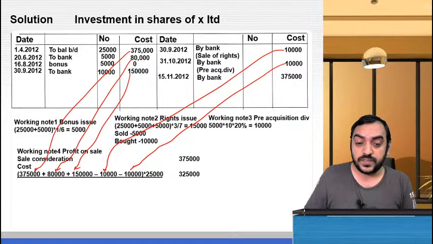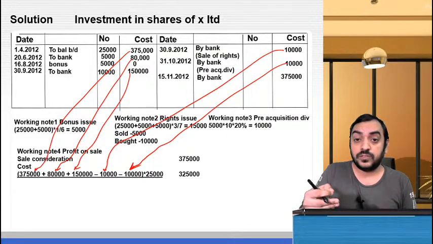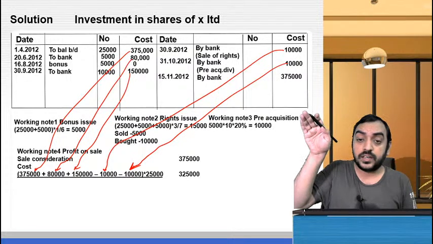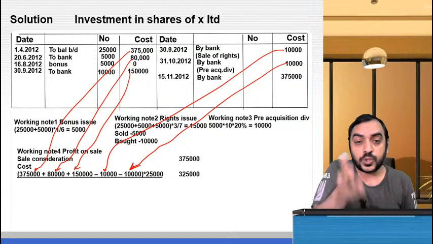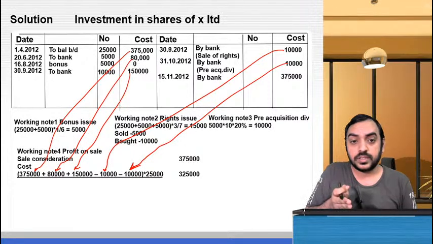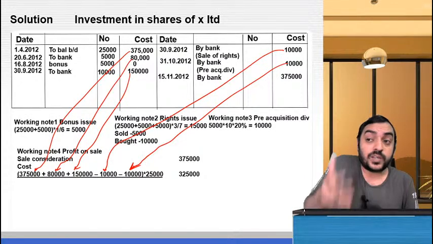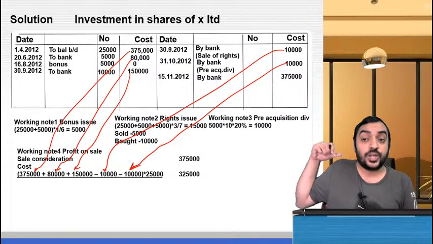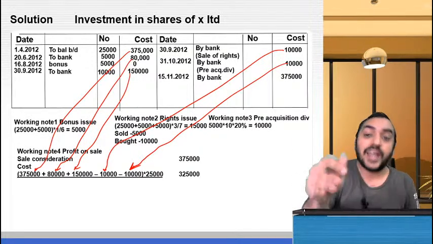10,000 pre-acquisition dividend. What is pre-acquisition dividend? The dividend received for the period for which you are not a shareholder. Like you purchased on 20th of June, and this dividend relates to the previous year where you are not the shareholder. Somebody else was the shareholder for the previous year. So when he sold the shares to you, he had included the element of dividend and sold it to you.